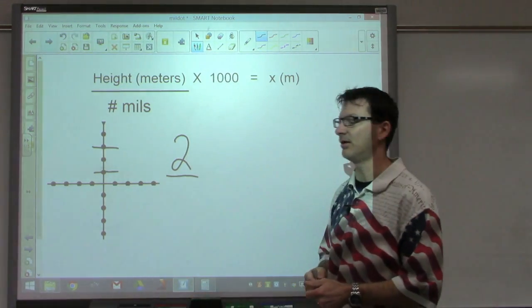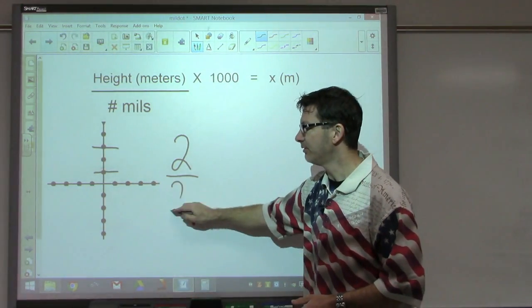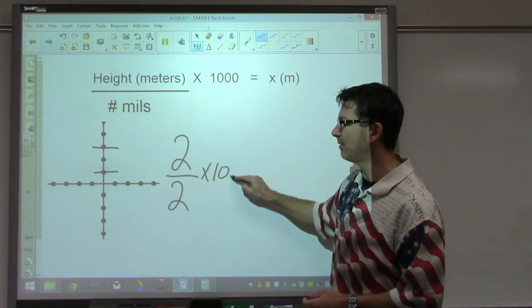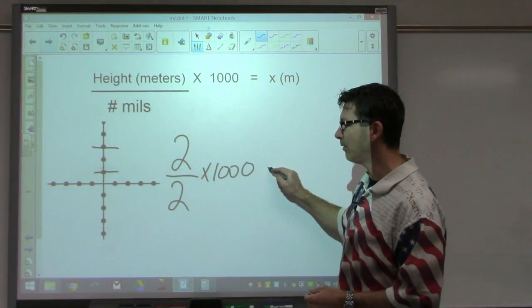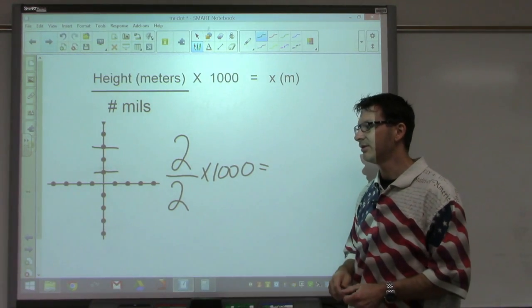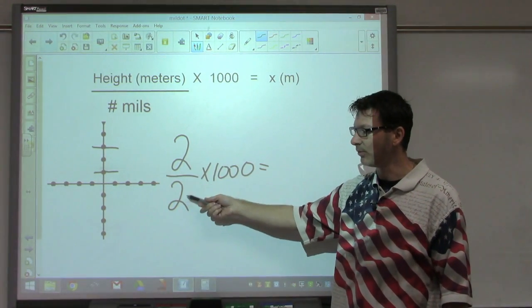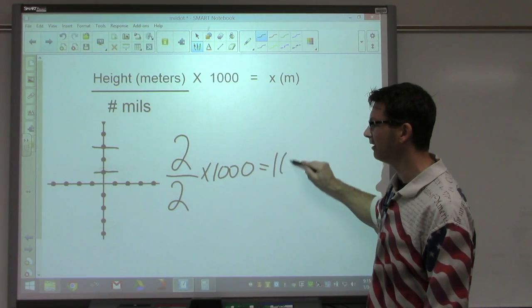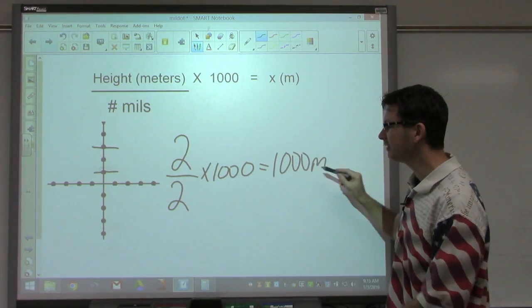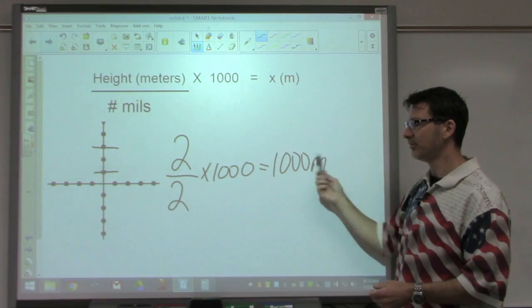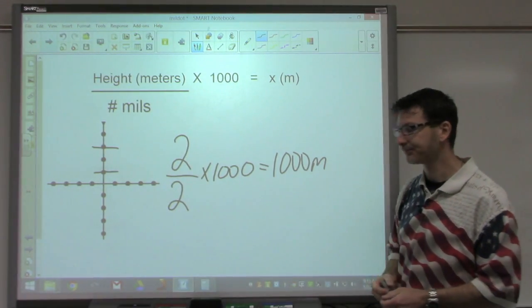That's about 2 mils tall. So we divide the height by the mils, 2 divided by 2, and then times that by 1,000. That will equal the distance to our target. As you can see, it's pretty quick to calculate in your head. 2 divided by 2 is 1. 1 times 1,000 is 1,000. So that target under those conditions is going to be 1,000 meters away.